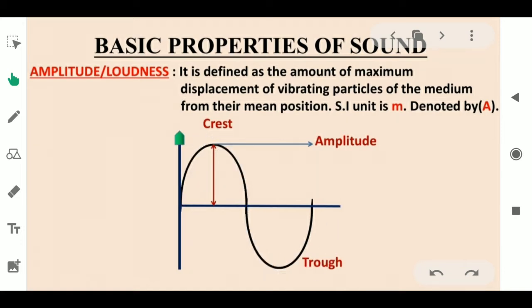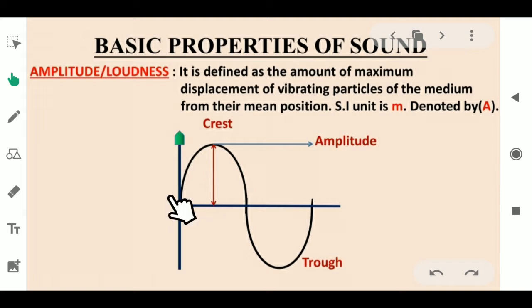And in such a situation, how much the wave is displaced from its mean position, this is called the mean position. That particular thing is what we call the amplitude of the wave.